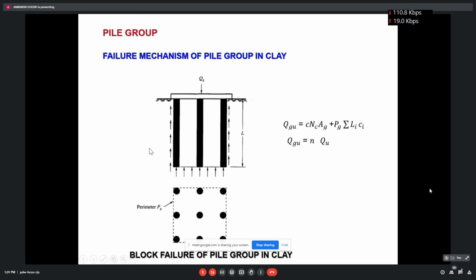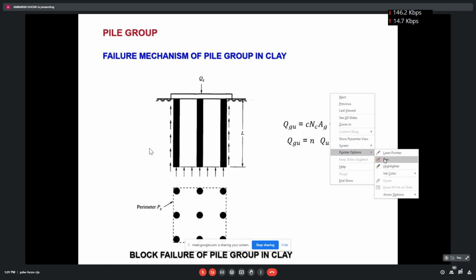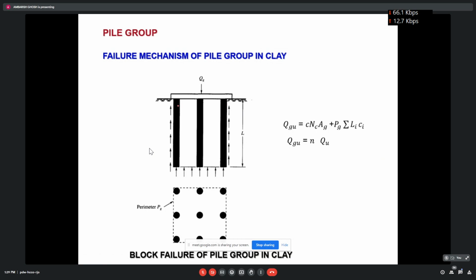Now if it is in clay, you can see that it will fail either individually or as a block. Okay, so if you look into the friction that will be acting, if you look at it as a group failure, then the whole thing is settling down.